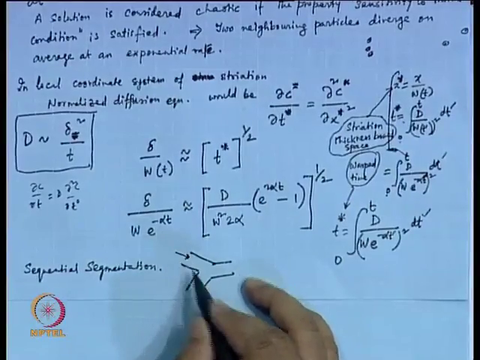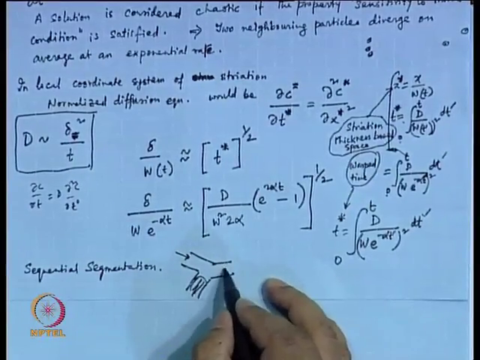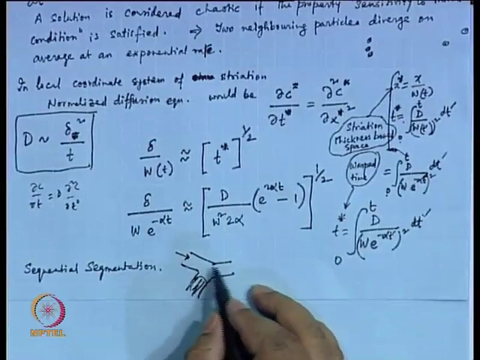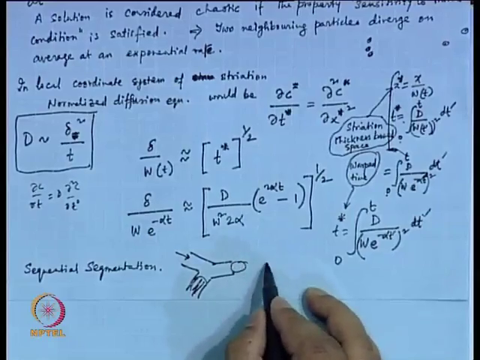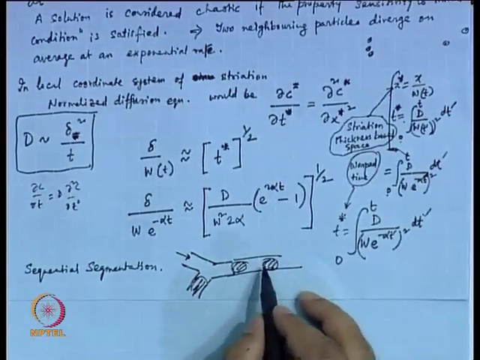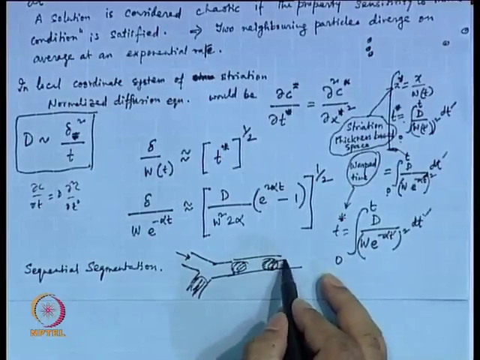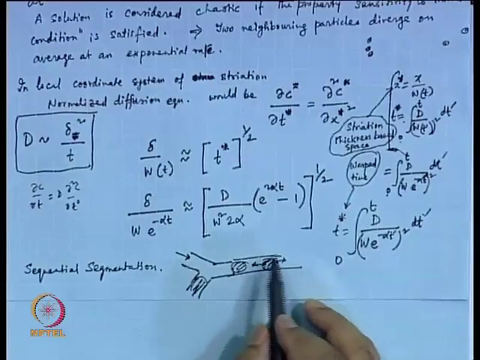Suppose this is the solvent and this is the solute. The solute goes in, then it switches off, the solvent comes in, then again the solute goes in. So, at the end you will see there are blobs of solute, and then you allow the mixing to take place between solute and solvent. That is sequential segmentation.